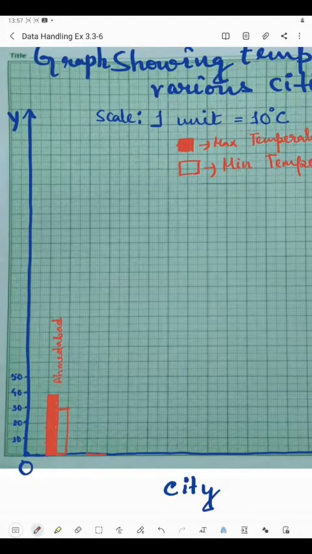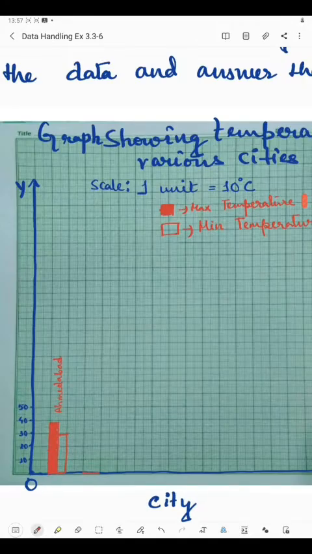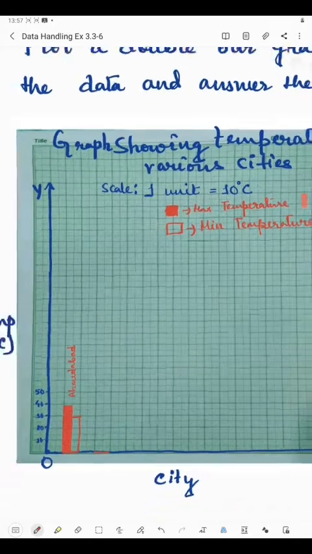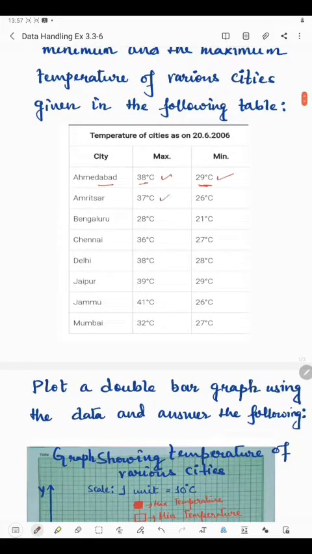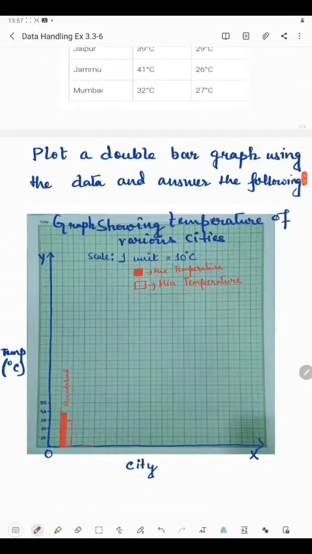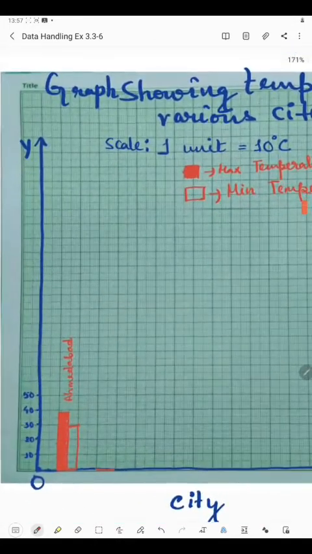So here we will leave one box, and then we will be showing maximum and minimum temperature of Amritsar. Now let's check. Maximum temperature of Amritsar is 37 and minimum is 26. So where is 37? See, here is 30, and in between 30 and 40 here is 35.